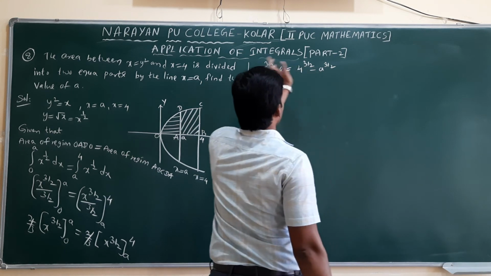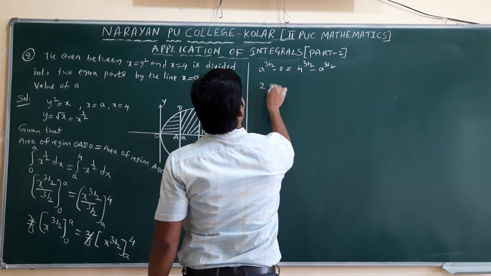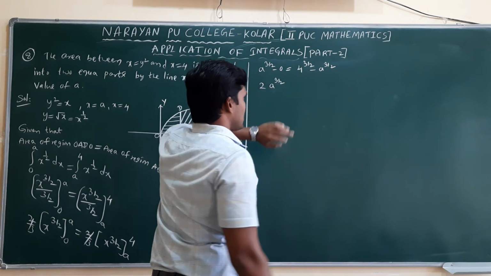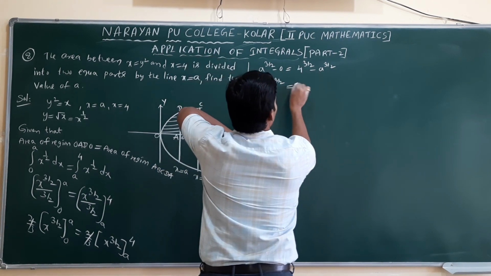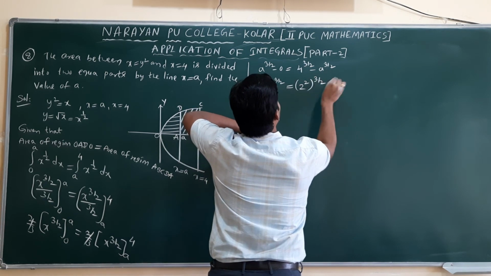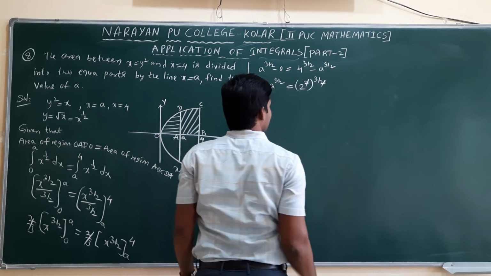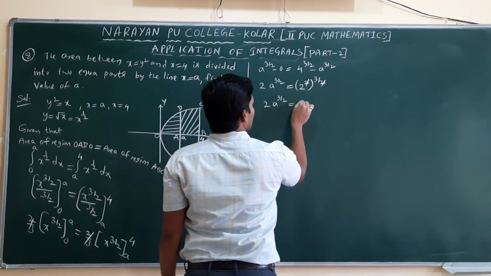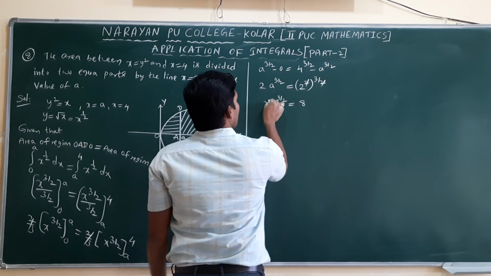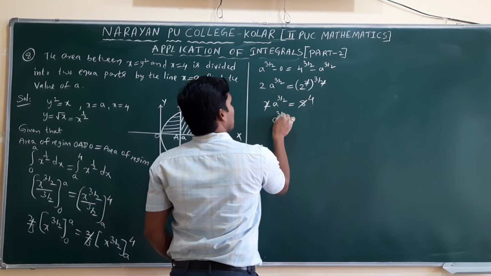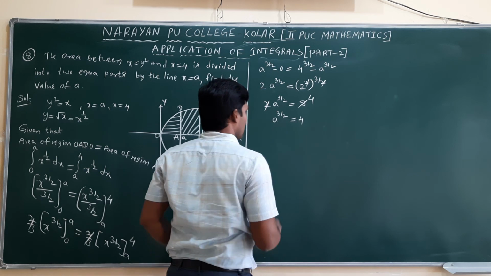This negative value, take this side, it becomes positive. 2 into a power 3 by 2 will get, this negative value completely this side. 4 you can write 2 square, that is 2 square whole power 3 by 2. Here 2 gets cancelled. 2 into a power 3 by 2 equal to 2 cube is 8. Here 2 ones are 2, 4's are 4. So a power 3 by 2 equal to 4.